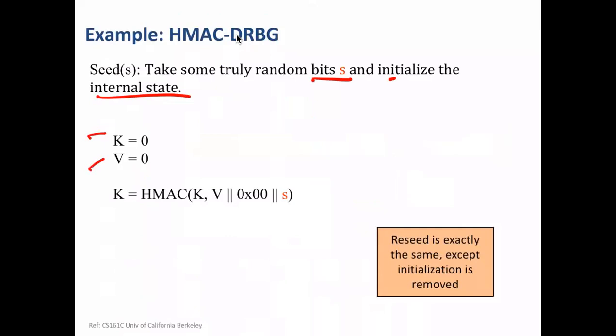Okay, and then out of that you generate key K, which is HMAC of K, where K is the key, which comes from here, and then V, which is initially 0, and concatenate it with 0 0 and concatenate it with random source S, which comes from entropy sources.